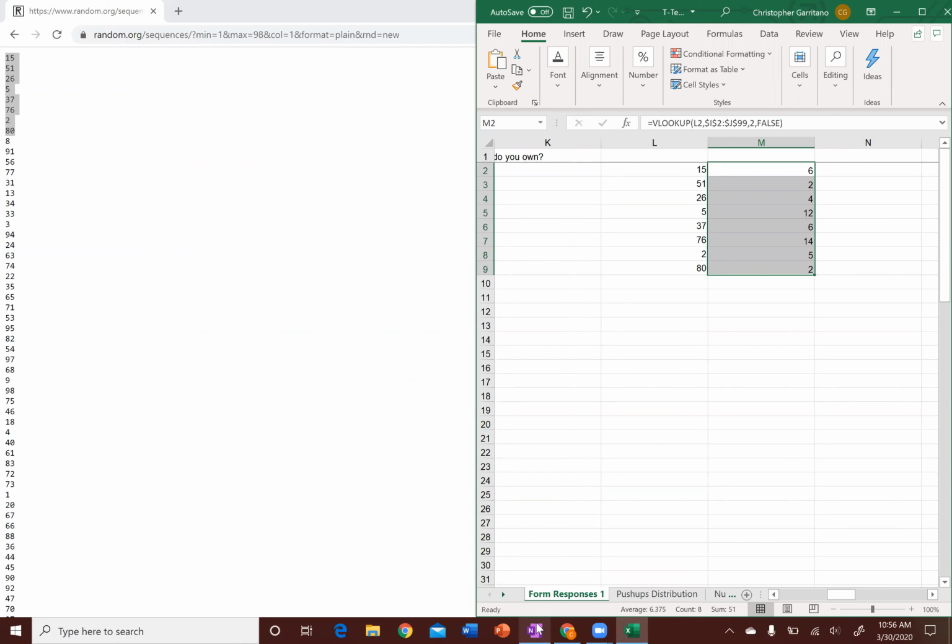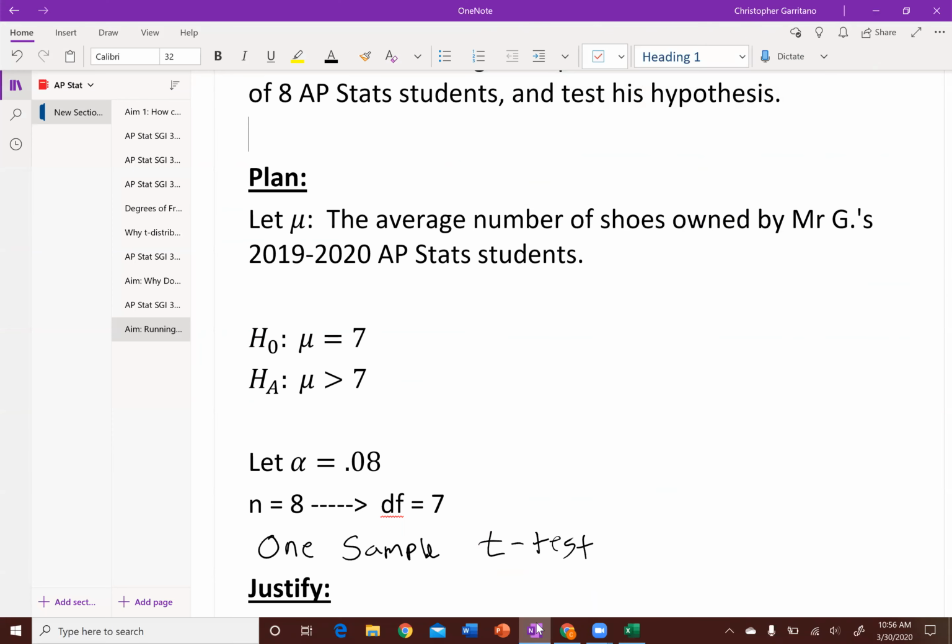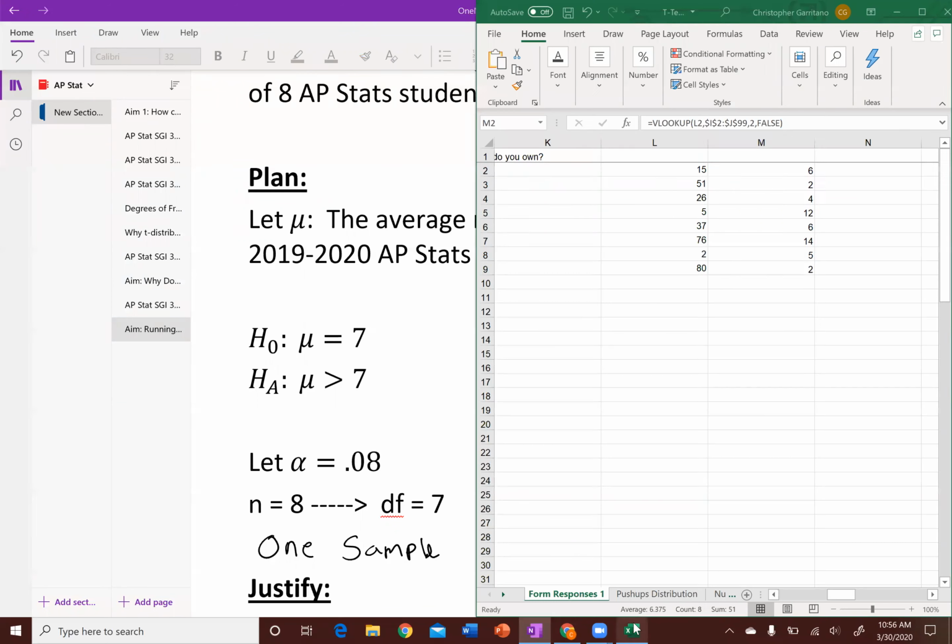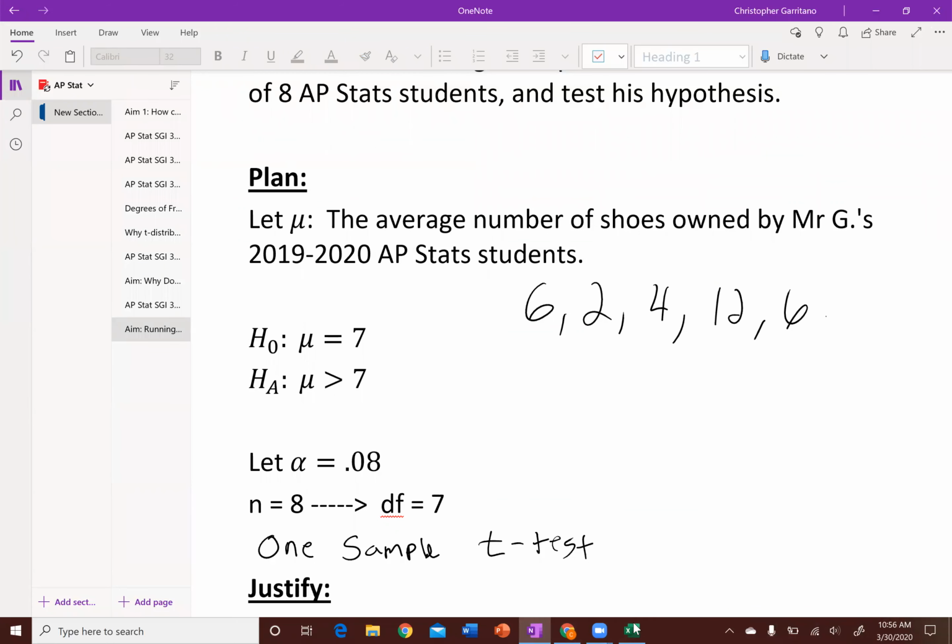Let's write those numbers down. So we have 6, 2, 4, 12, 6, 14, 5, and 2. Very interesting distribution of number of shoes owned.